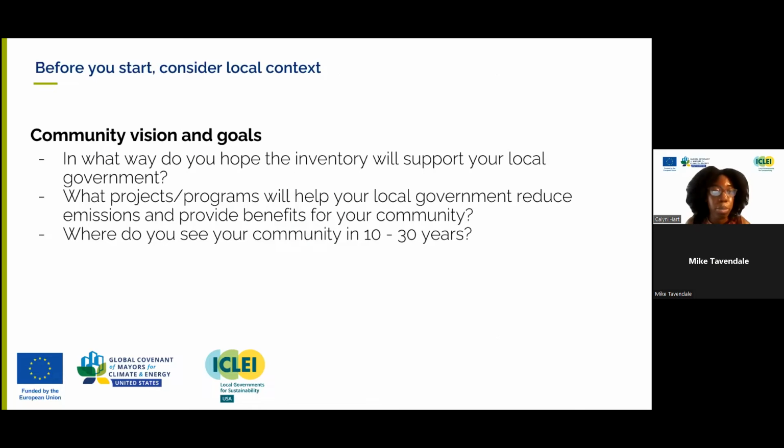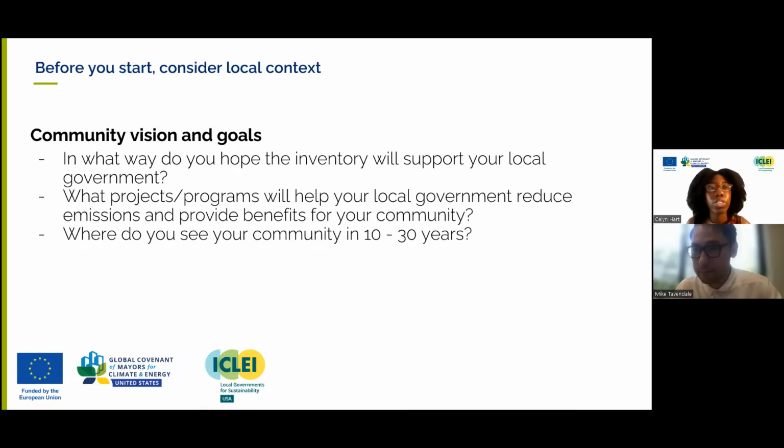And so what is the best place to start when doing your greenhouse gas inventory? It's very imperative to look at your local context and see in what ways you hope an inventory will support your government, what projects or programs will help your government reduce their emissions, and then where you see your community in 10 to 30 years.